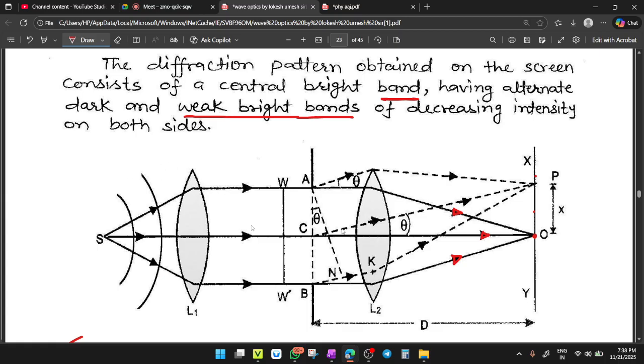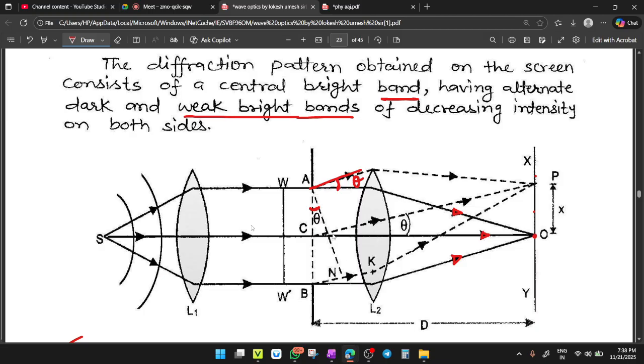Now, if you diffract your waves by an angle theta, then this angle equals theta. Clear or not? So if this angle equals theta, then this angle also equals theta. This is the angle of diffraction.